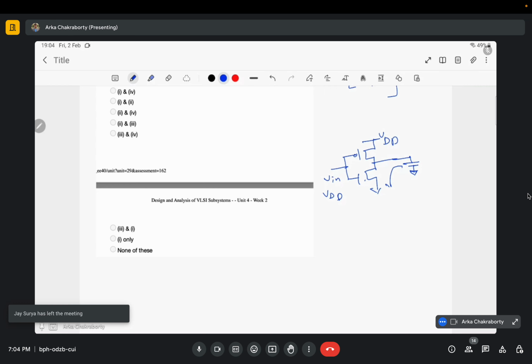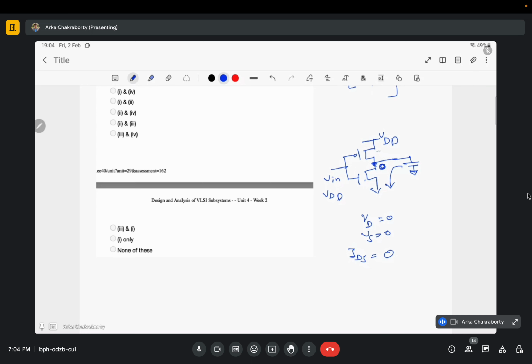Once it gets discharged, this voltage will become 0. My drain voltage has become 0, and source voltage is also 0. So what will be my current? My current will also become 0.